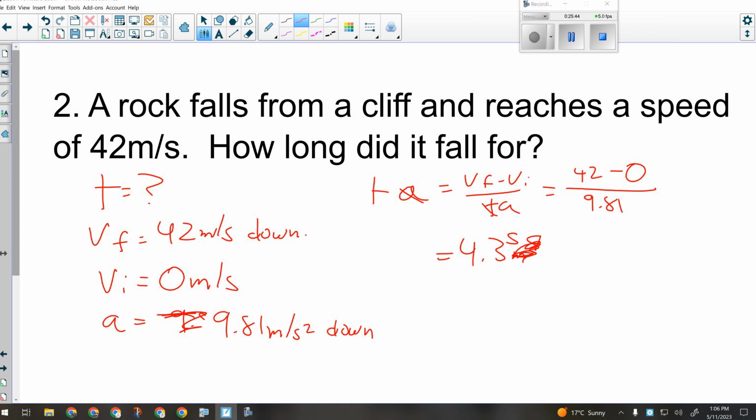Does it matter what the object is? Do all things accelerate at 9.81 meters per second squared? In an ideal physical world, yes. In the real world, no. Why? Drag, yeah.